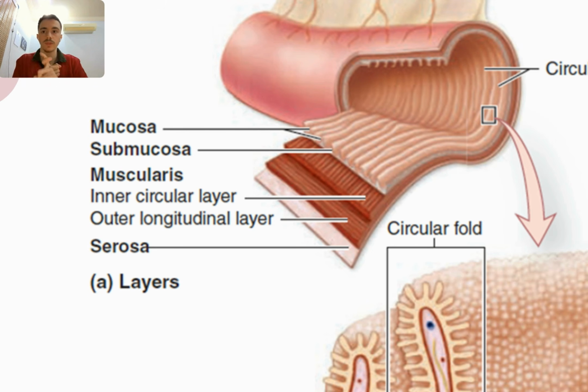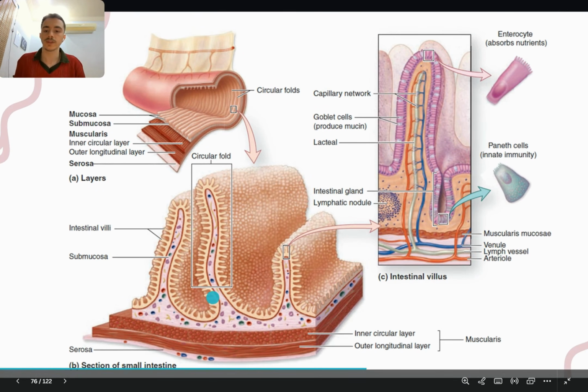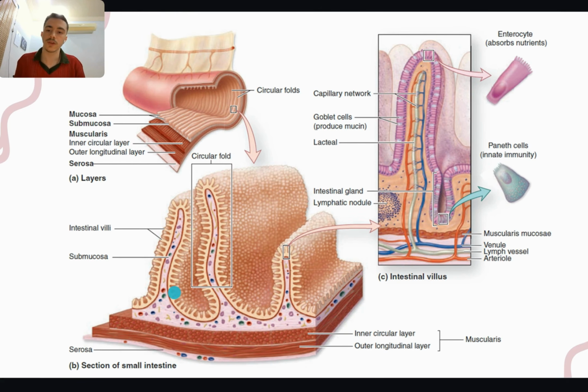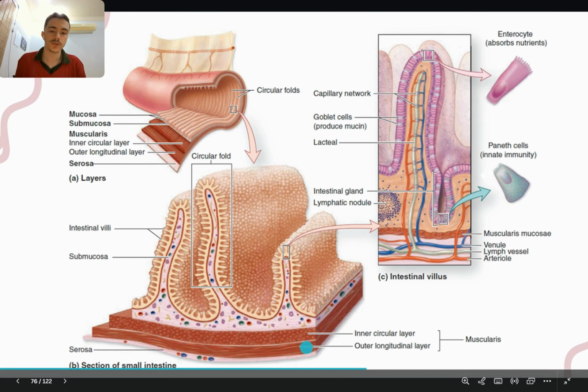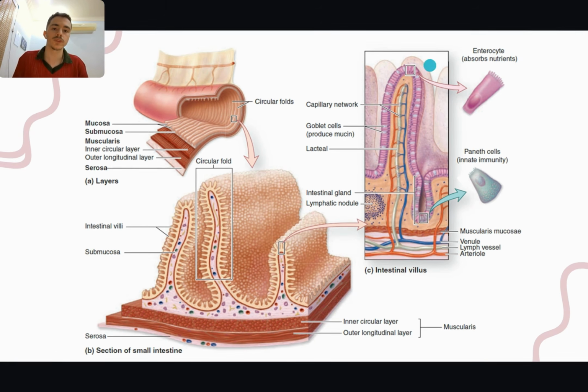So serosa with mesentery, put that in your mind, guys. Villi, as we talked about, and this is the submucosa and mucosa together. This is the serosa, and the inner muscularis longitudinal. This also we took there, artery, vein, and lacteal in the villi. And these are the Paneth cells down, and the enterocytes up, which help to absorb more nutrients.